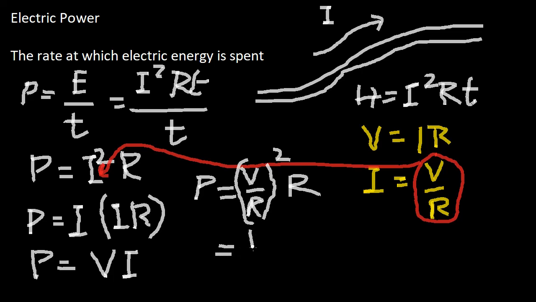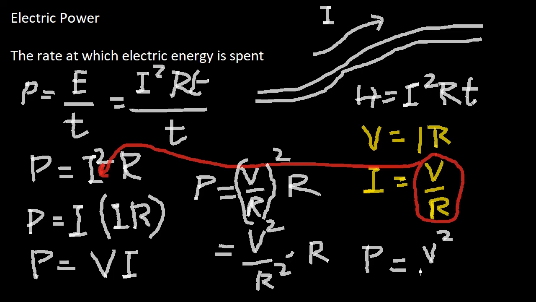We get V squared divided by R squared, and here there is another R being multiplied with this expression. So this R gets cancelled once with this, and finally we have P equal to V squared by R. That is another expression for calculating the power of a device, the power dissipated, whatever way you may look at it.